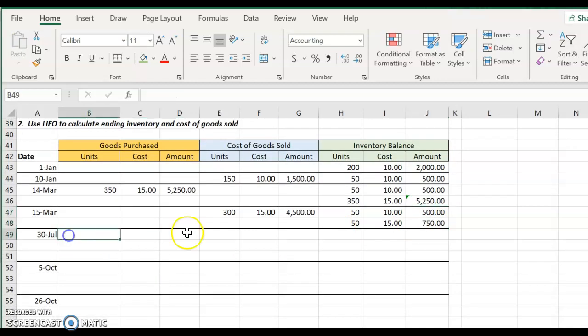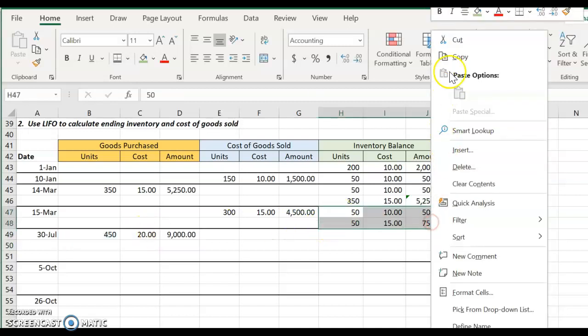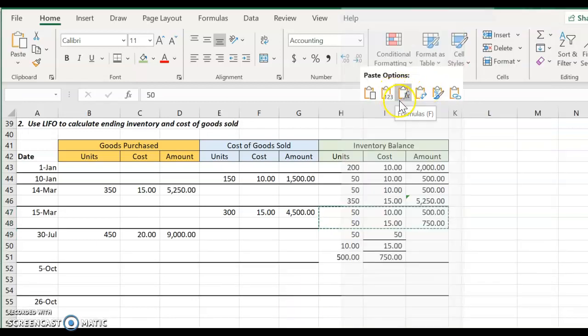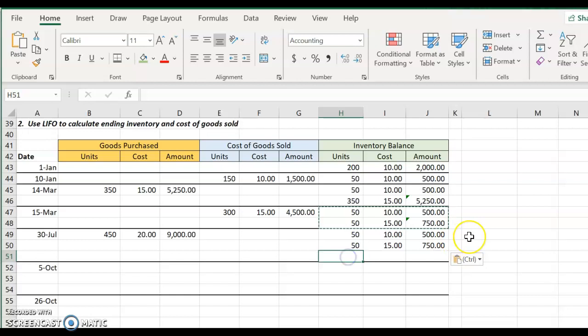We have a purchase of 450 at 20. So now we're going to have all of this in our ending inventory. And then we're also going to have the 450 at $20.